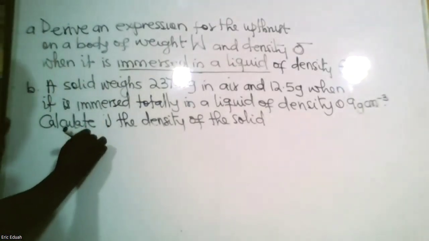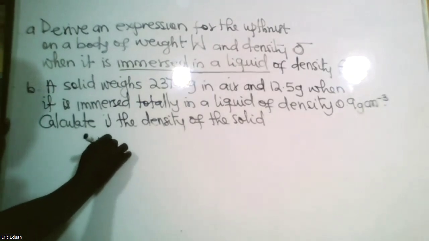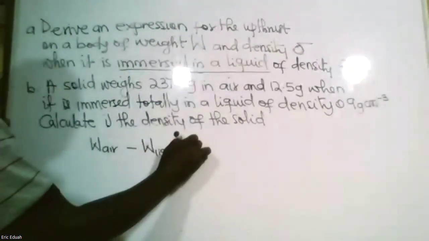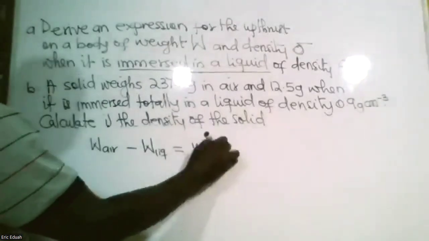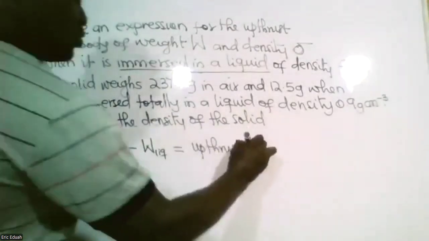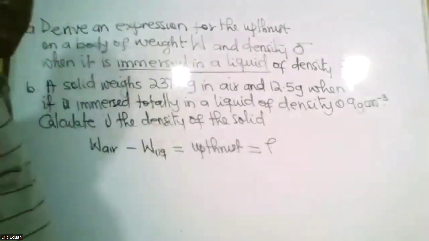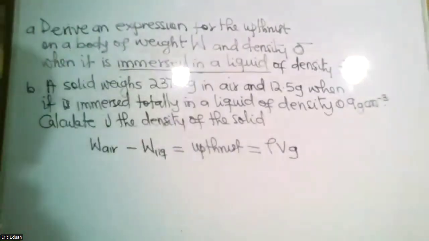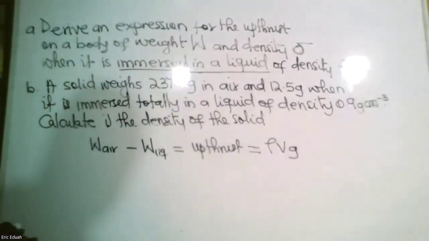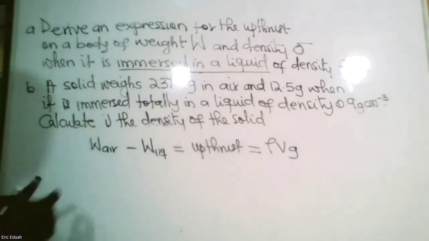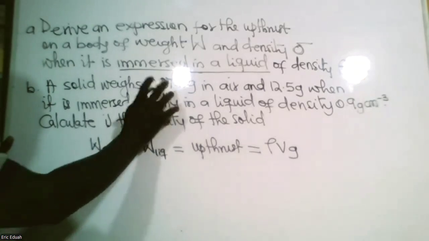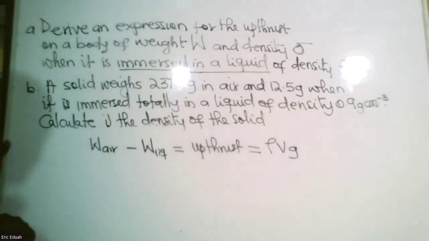So weight in air minus weight in liquid equals upthrust. And upthrust is equal to density of the liquid times volume of the liquid displaced times gravity. Now these weights are in mass.